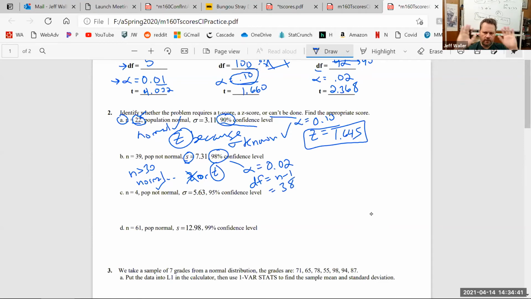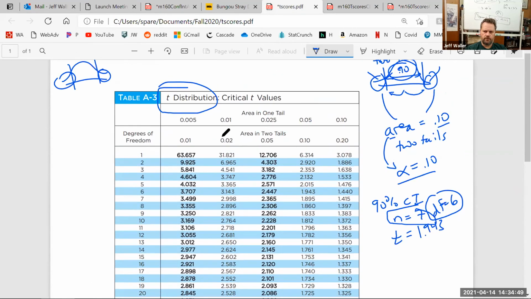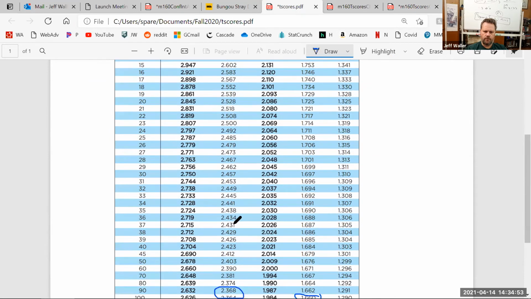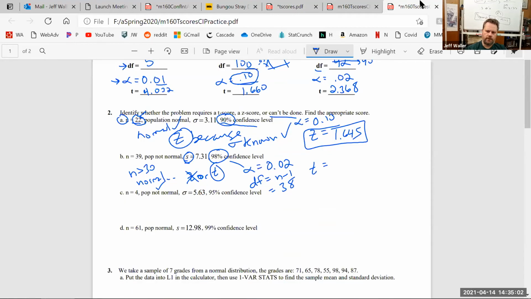So now you know everything you need to get the t-score. Alpha is 0.02, degrees of freedom is 38. So I get 2.429. Is that what you guys got? Yes. Okay.